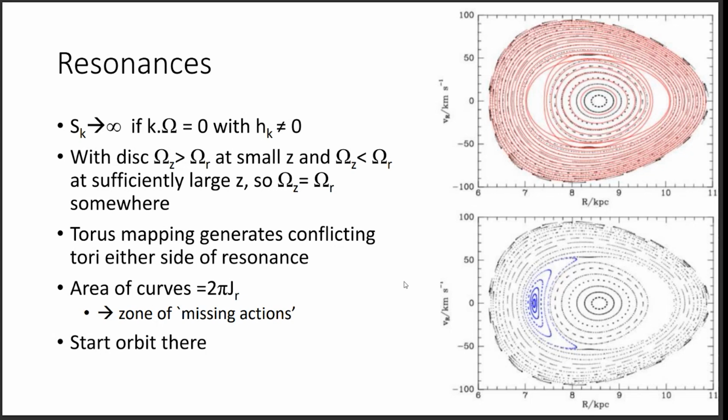Now, here I've picked my actions so that my vertical action, so that this resonance lies right there. So here we have this is the R, p_R plane. So each of these red curves has been made by torus mapping, and the area inside one of these red curves, it's easy to show, is 2 pi times the radial action.